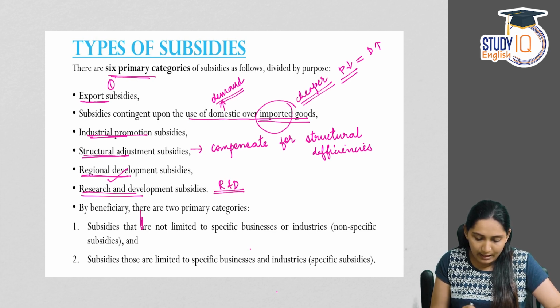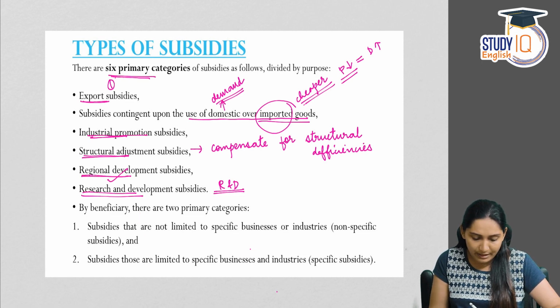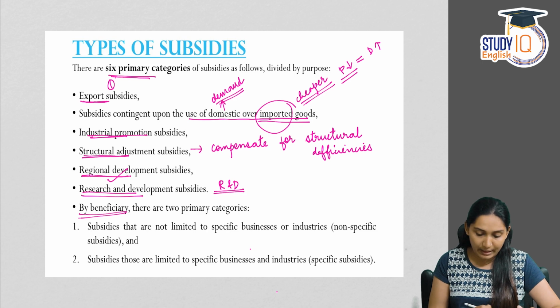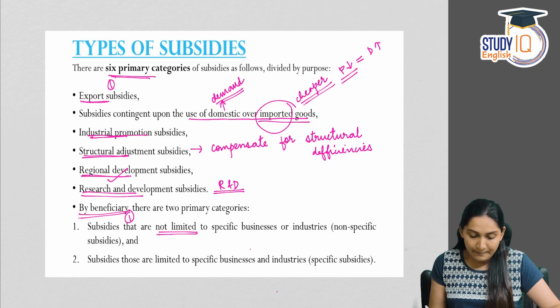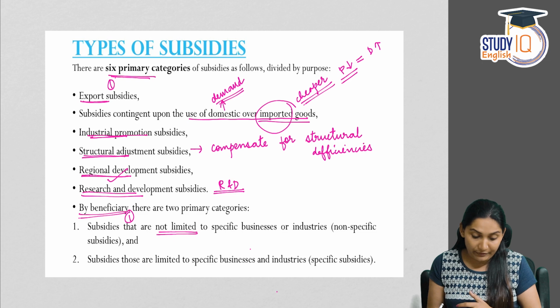By beneficiary, or from the perspective of beneficiary, there are two primary categories. One is subsidies that are not limited to specific businesses or industries, that is non-specific subsidies.